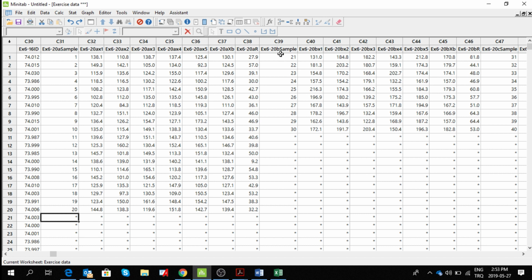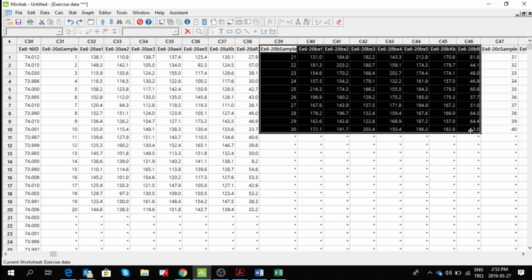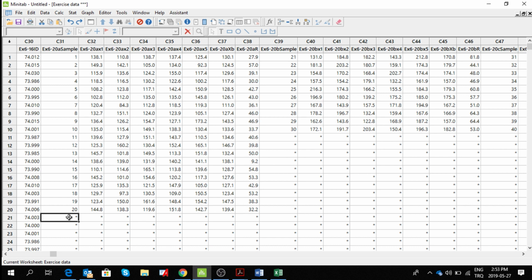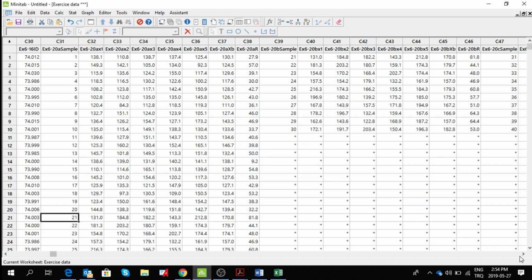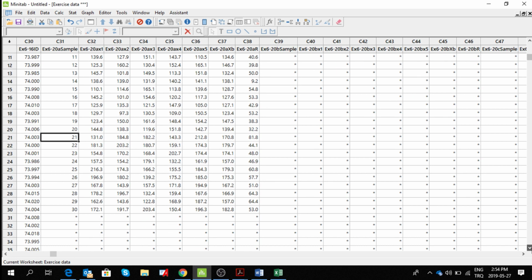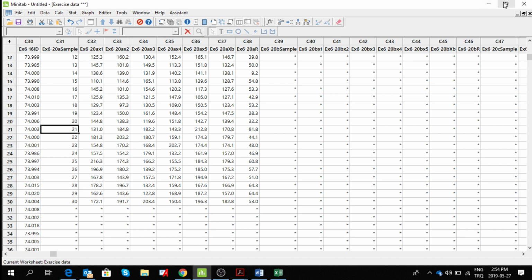The next set is C39 until C46. What I'm going to do is copy paste this at the end of the first data set that's given, and replace the active cell here. So I have now all 30 entries in the same column.